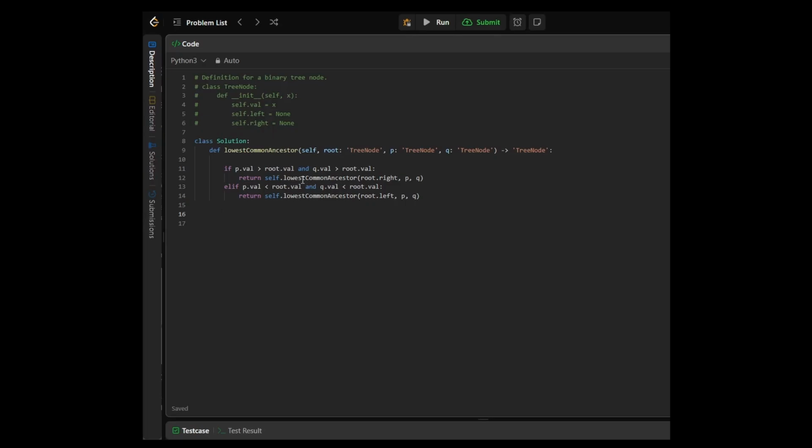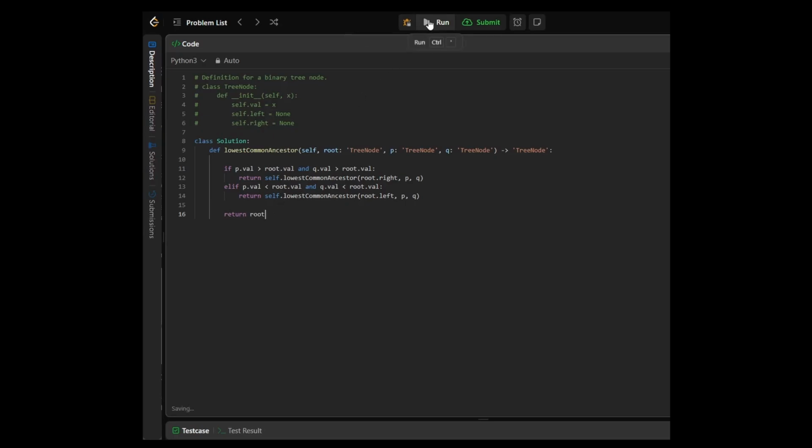If I do not have this condition where P and Q exist on one side, which means they exist on two different sides, or either P or Q is equal to the root value, in this condition, I know I found the ancestor node, which is return root.